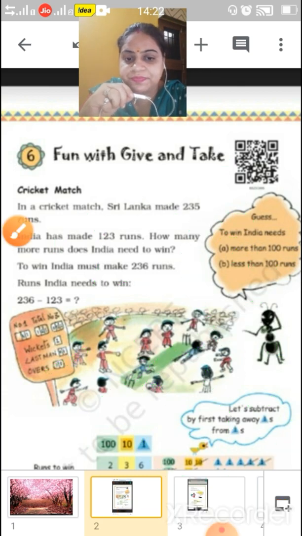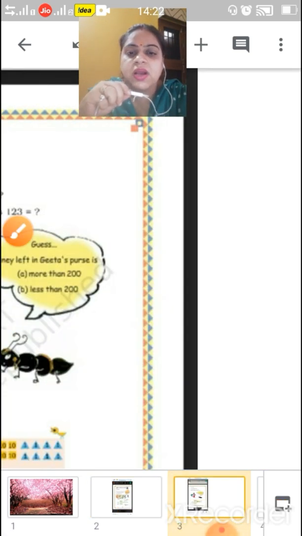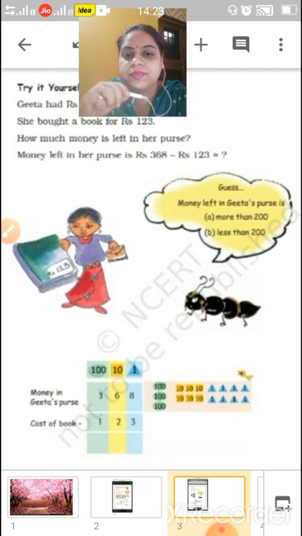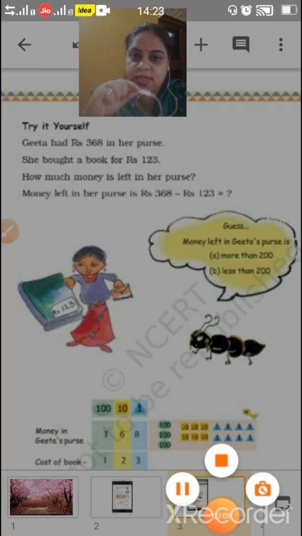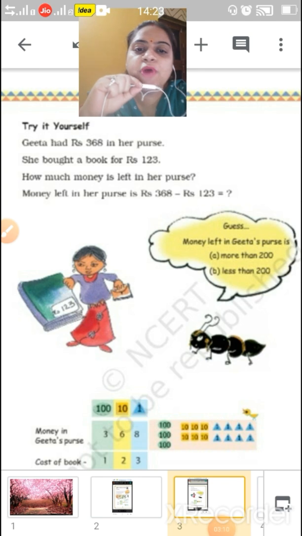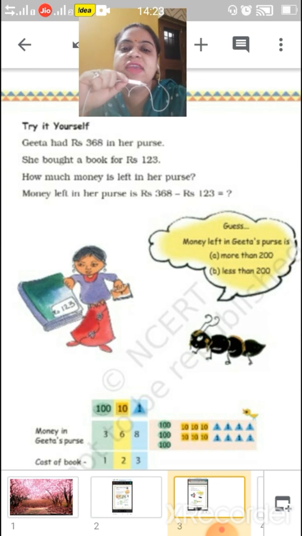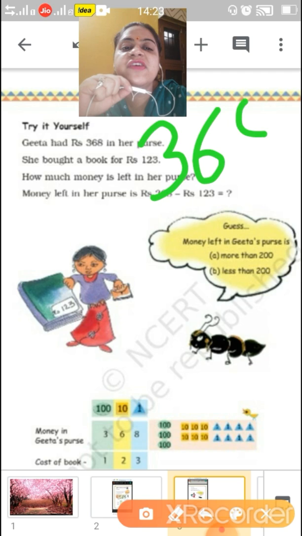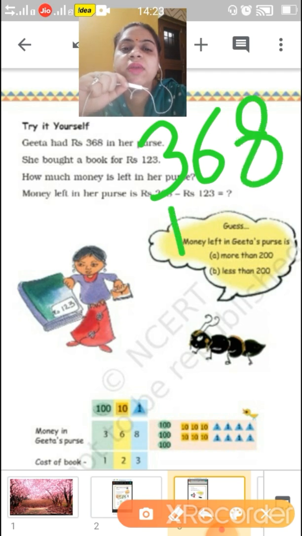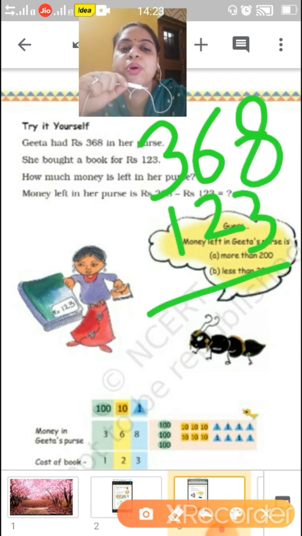Okay children, now come to the next page. Geeta had rupees 368 in her purse. She bought a book for 123. How much money is left in her purse? 368 is the total money she has, and 123 she spent on the book.